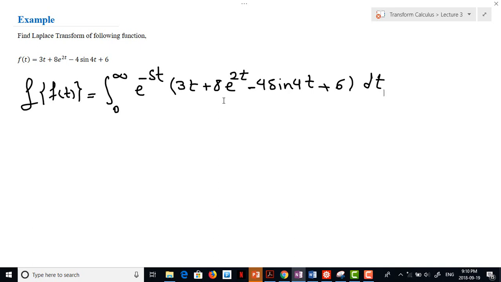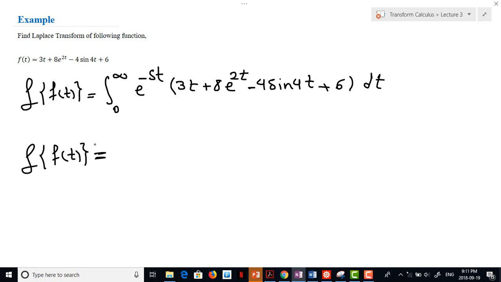In the exam I'm gonna give you one table, and in this table you have Laplace transform of most of the functions, so you can use the table to find Laplace transform of other functions as well. For example, in this case, if you want to find Laplace transform of f(t), it's in the formula sheet with all the formulas.